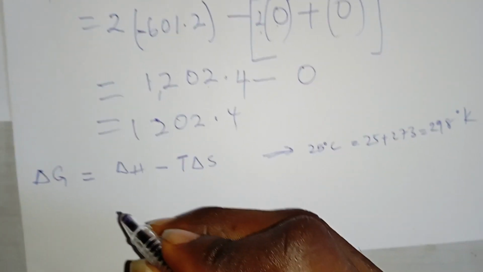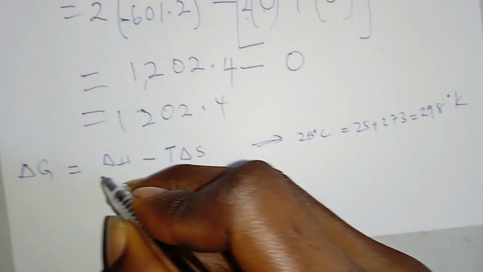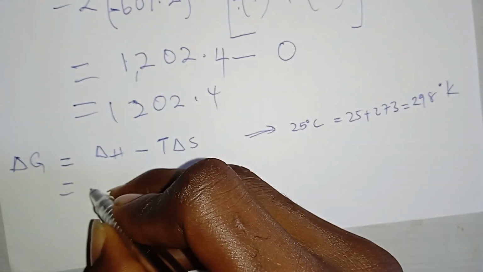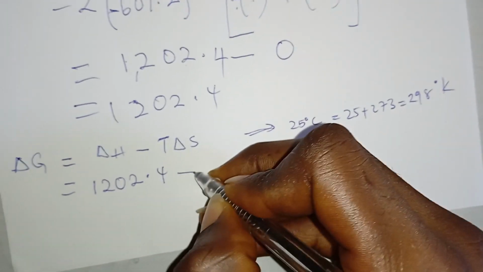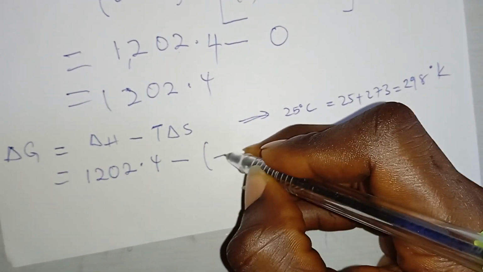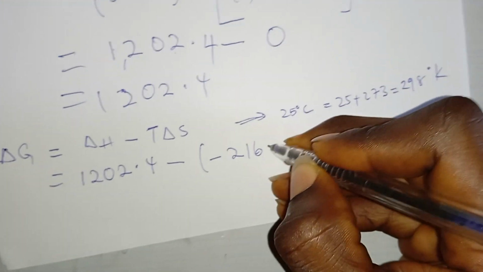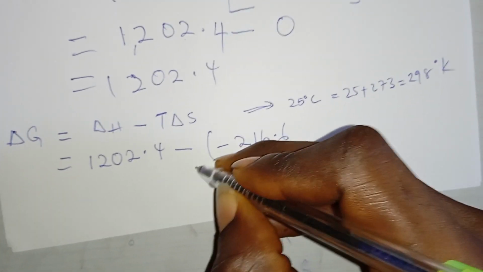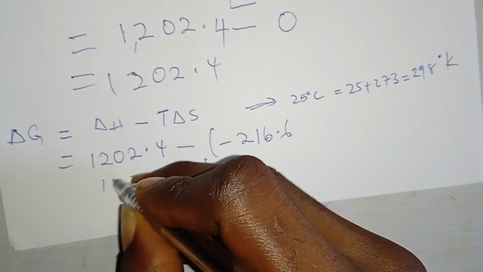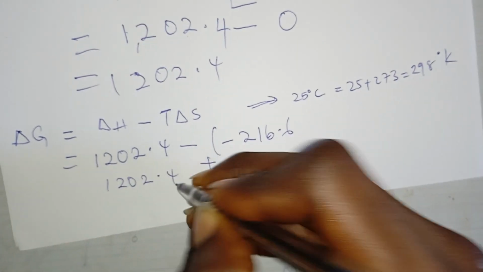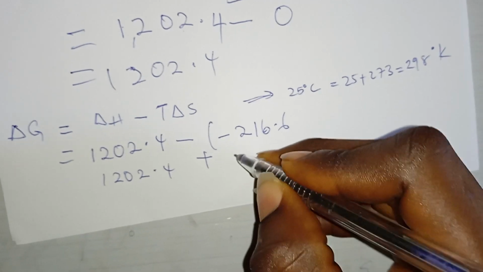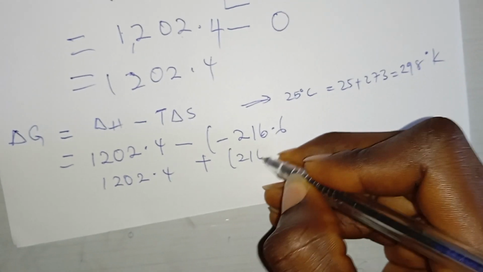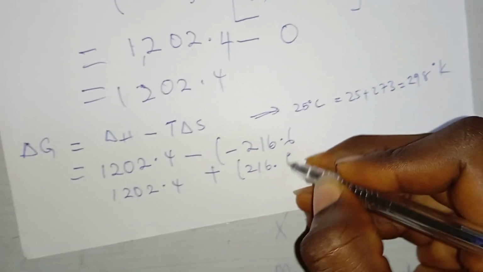So once you know this, let's substitute the value of our enthalpy. Our enthalpy value is 1202.4 minus our entropy value, which is minus 216.6. Notice minus minus becomes plus. So 1202.4 plus 216.6.